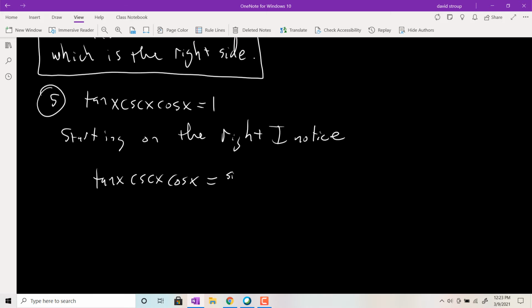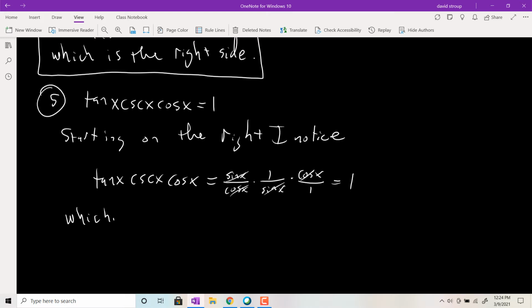Tan is sine x over cosine x, cosecant is 1 over sine x, and cosine is just cosine, so we can write it as cosine x over 1 if you wish. The sines cancel, the cosines cancel, and you end up with 1, and that's what we wanted to show.